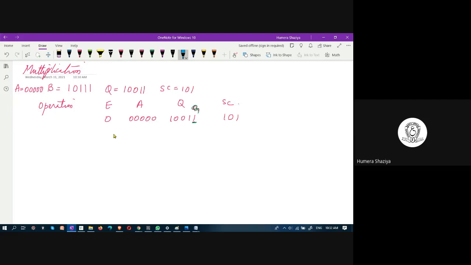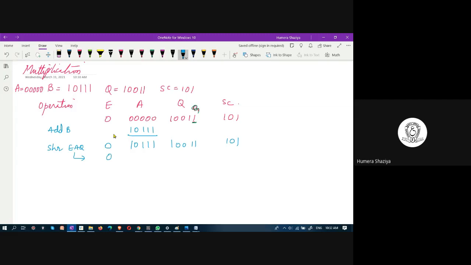add B to A. 1, 0, 1, 1, 1. E is 0. This is 1, 0, 0, 1, 1. SC is 1, 0, 1. Now on this, if we are performing SHR EAQ, what is the result?